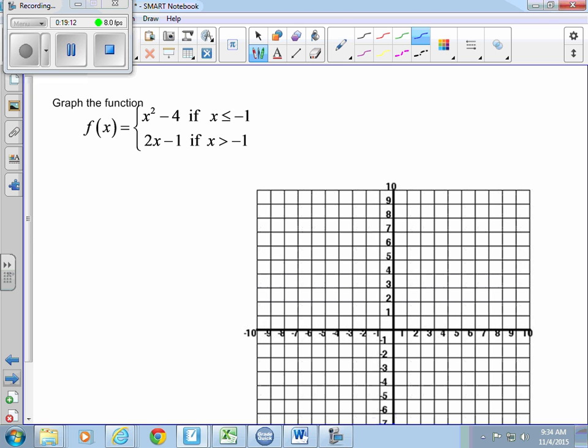But is it one that we are not as familiar with? So pick up your calculator for me and graph x squared minus 4. Trace along it to get accurate points.